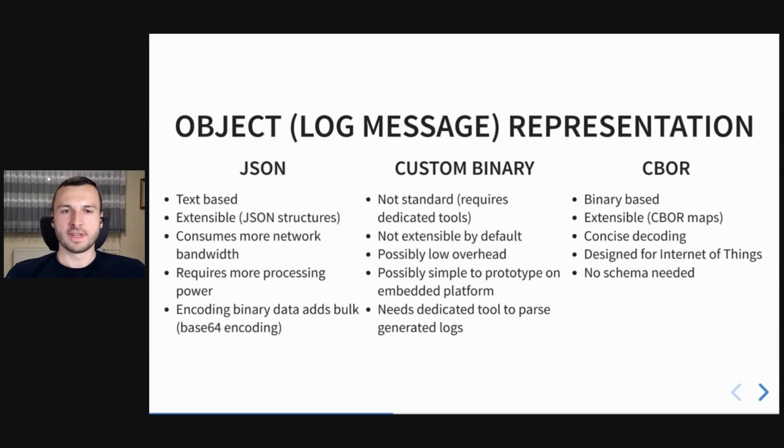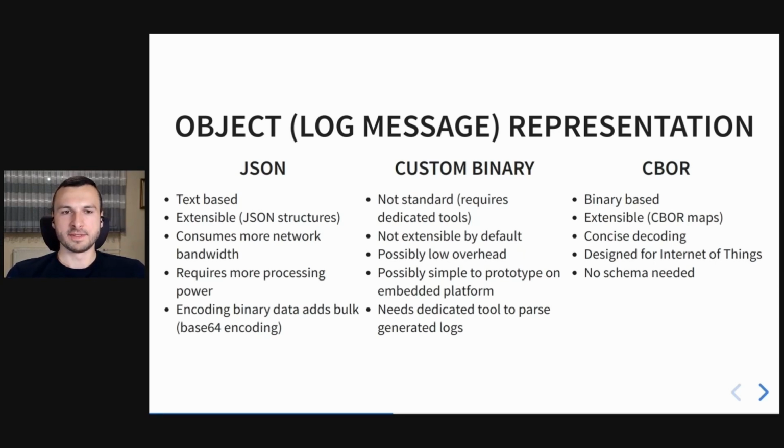So for the dictionary type of log output, we need some way to represent the object that we want to store. So first thing that comes to mind is the JSON. However, it's text-based, so it's not a good fit for constrained devices because it produces more bulk, uses the network bandwidth.